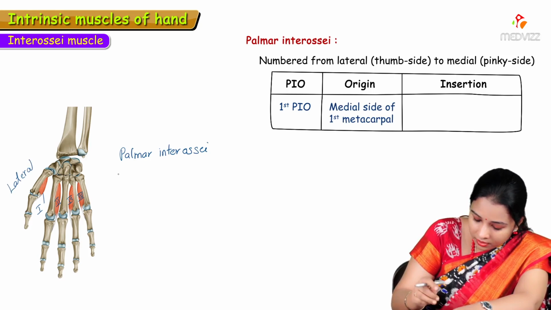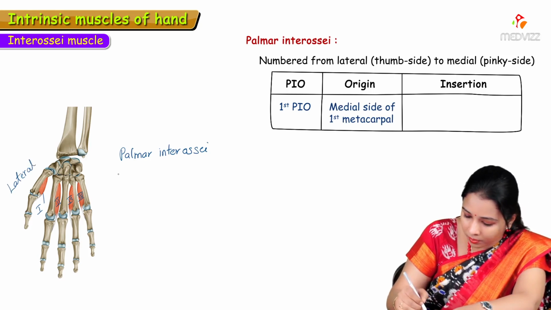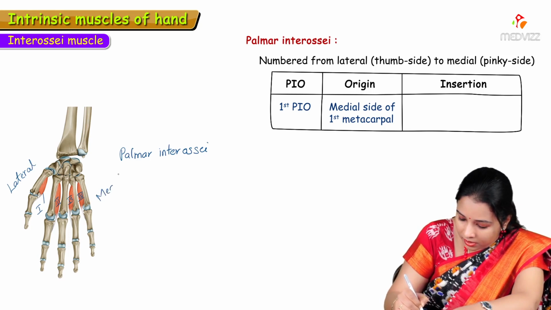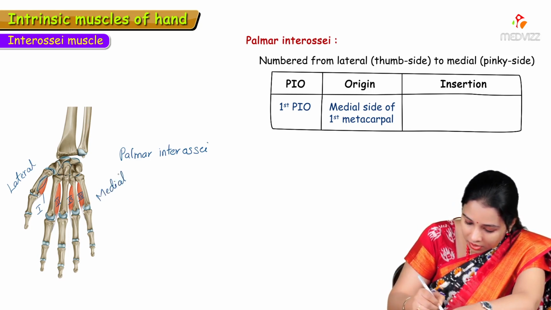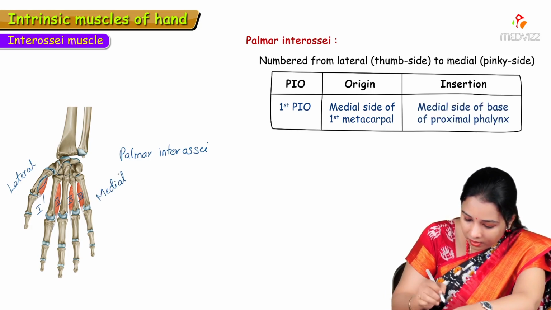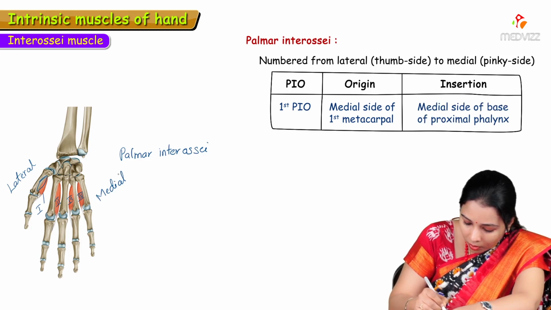So this is the lateral side of the hand, this is the medial side towards the little finger. So we can see it gets origin here and it inserts into the base of the medial side of the proximal phalanx.